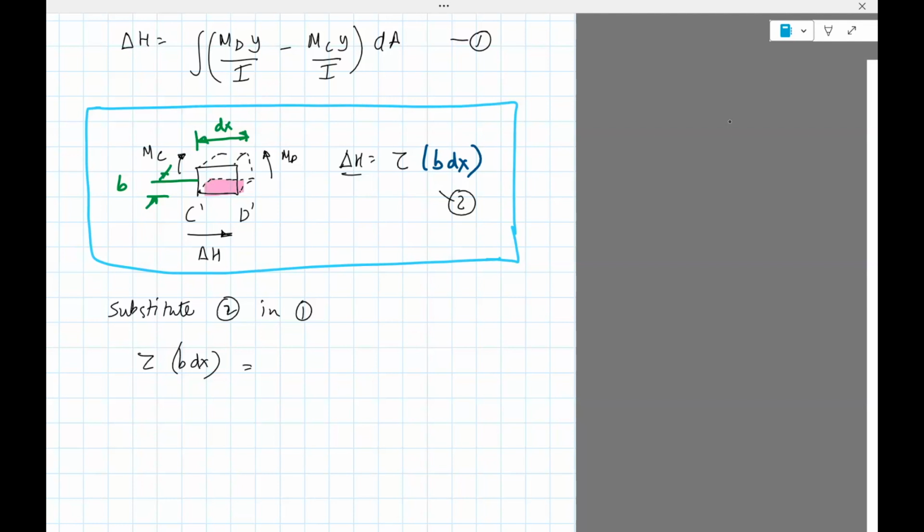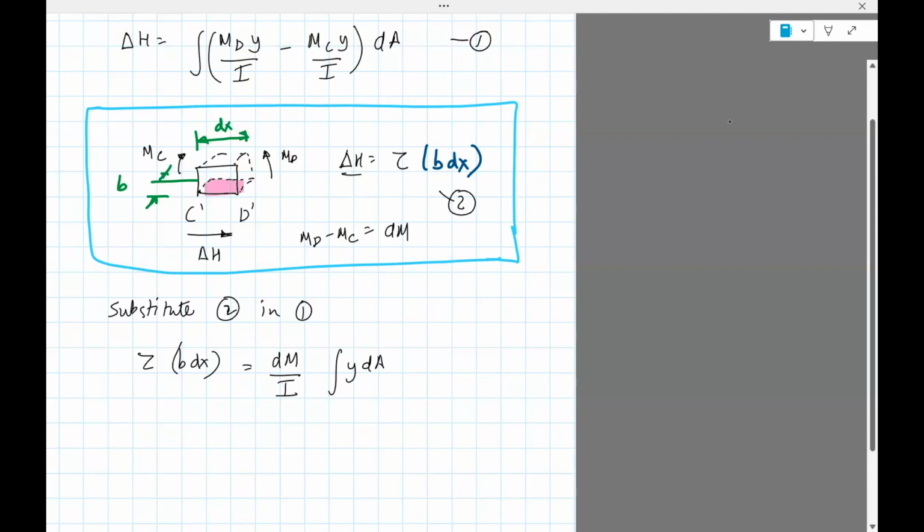This element is so small that this difference M_D minus M_C can be replaced with the change in moment. So I'm going to write this as dM y over I dA with the integral. So what I can do is pull out dM, that's going to be constant, and I divided by y dA. So the same expression, except that M_D minus M_C has been written as dM.